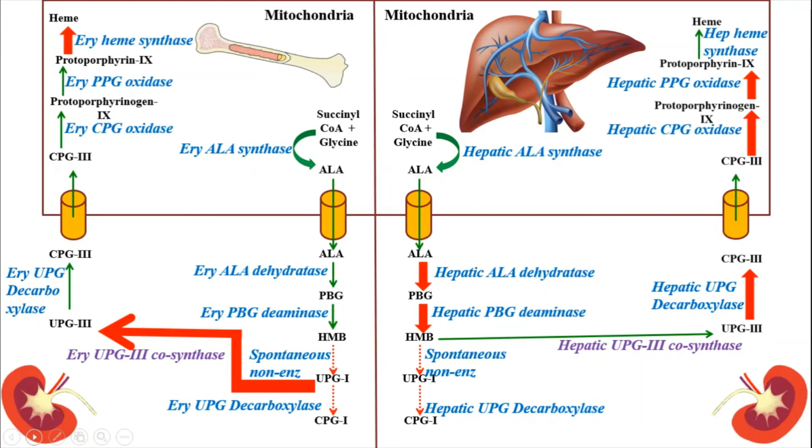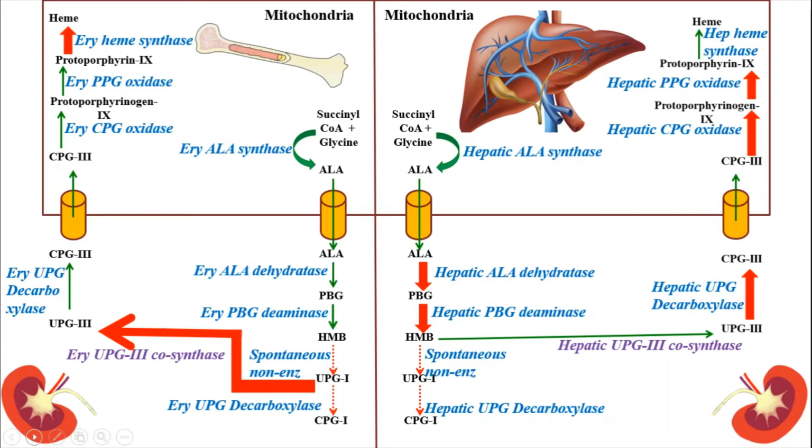In the last step, with the help of heme synthase or ferrochelatase, iron is already present there, but iron in the ferrous form is incorporated within the protoporphyrin 9 to form heme.